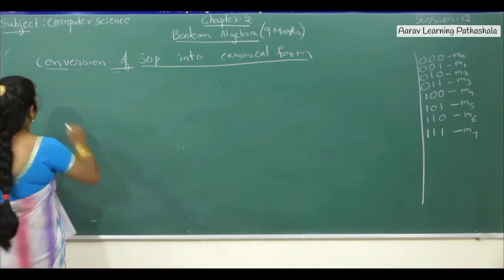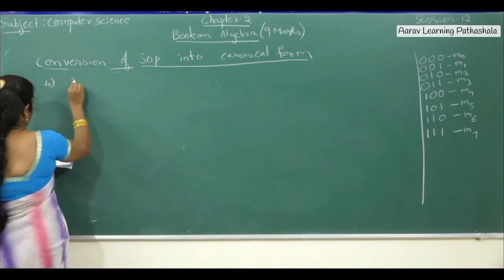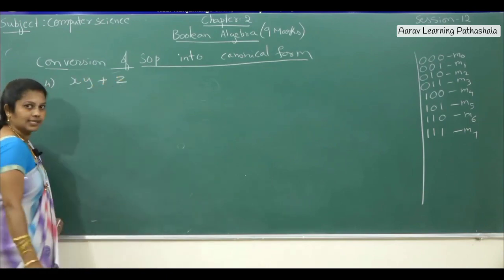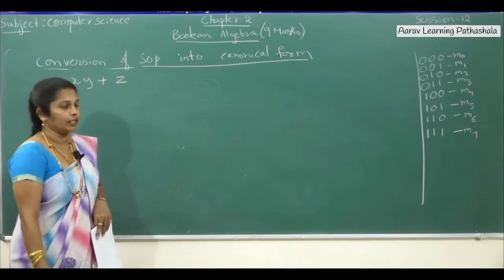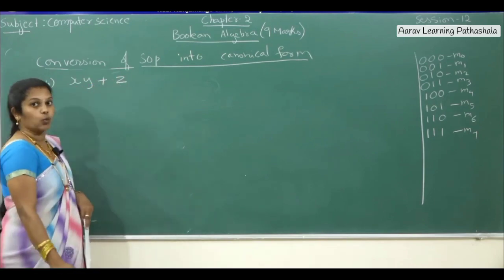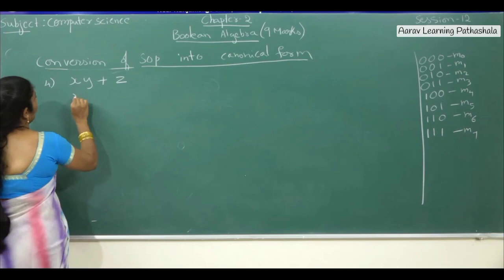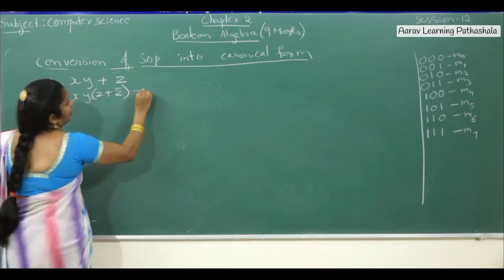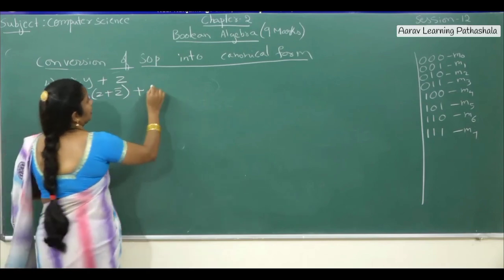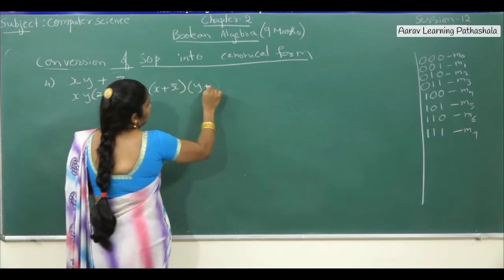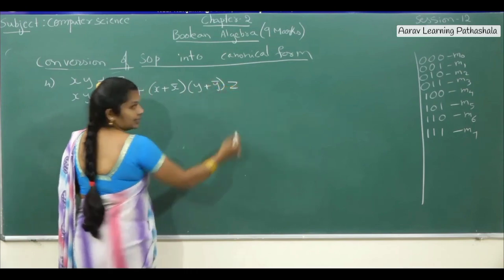Fourth problem, that is x y plus z. Consider this the equation. Then how to find the canonical form? In the first part z is missing, in the second part x and y are missing. Therefore xy, z plus z bar, plus z, x and y are missing: x plus x bar, y plus y bar, and then z.